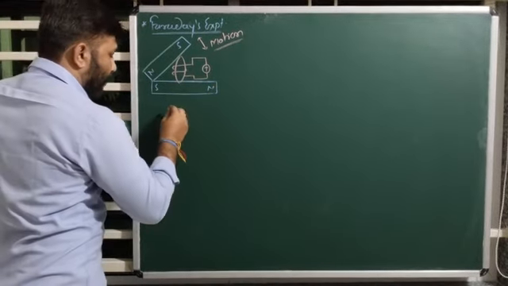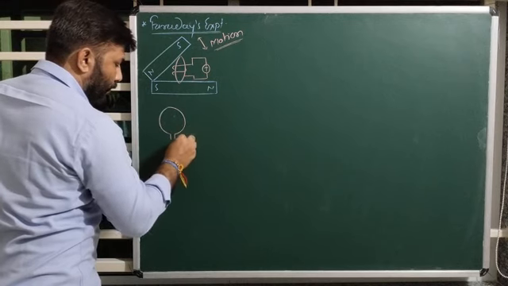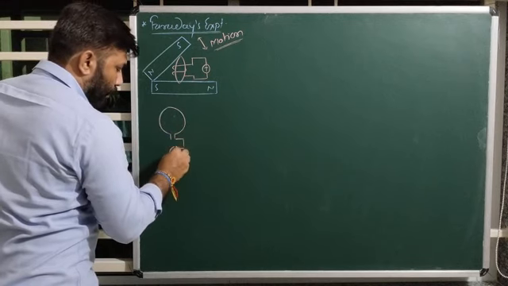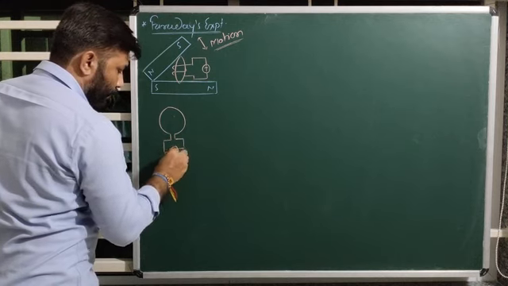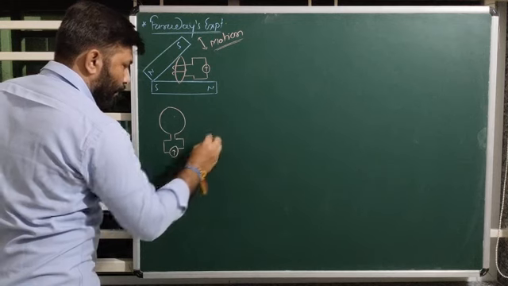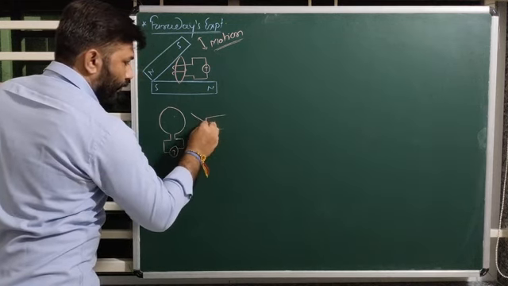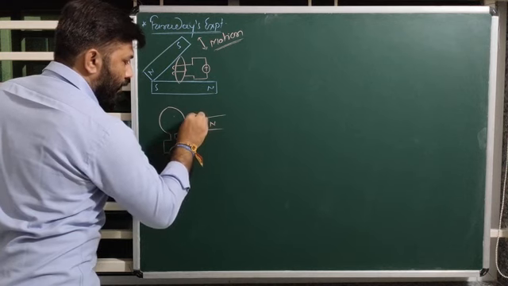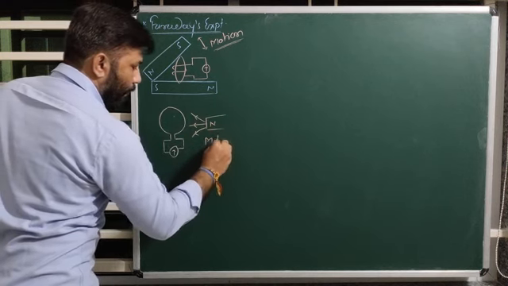Just now we have seen when there is a coil and a magnet, here also there is a motion of a magnet.